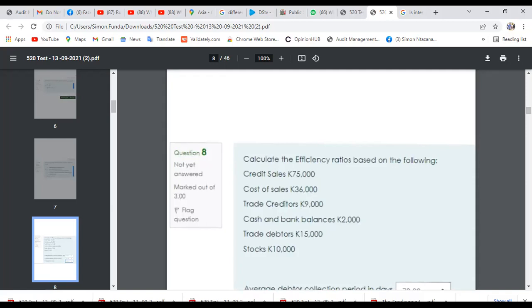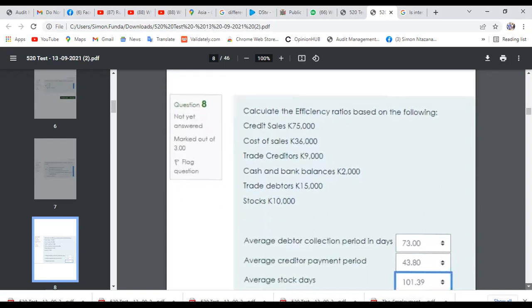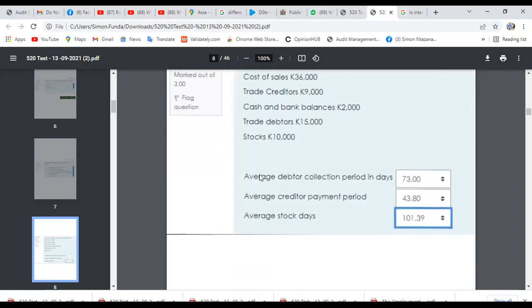Okay, so these are the efficiency ratios they want us to calculate. So how do we calculate these efficiency ratios? So average debt collection period in days. The formula for average debt collection period is as follows.